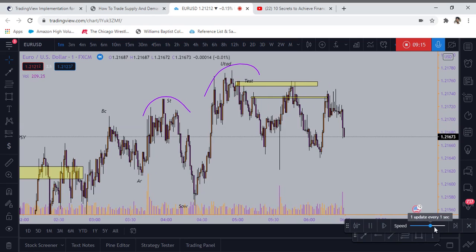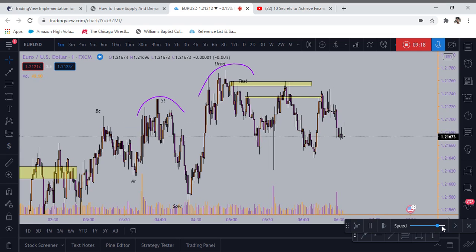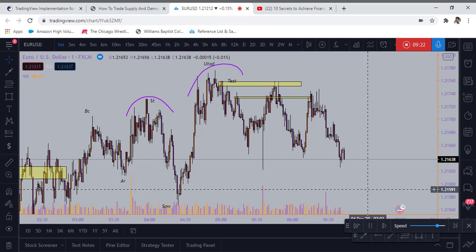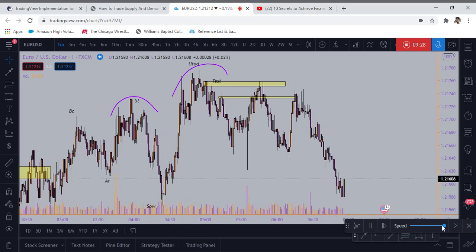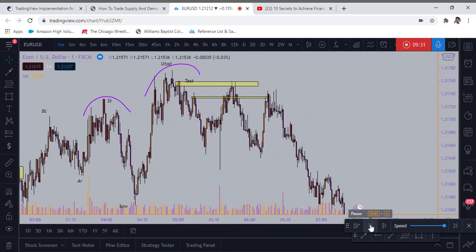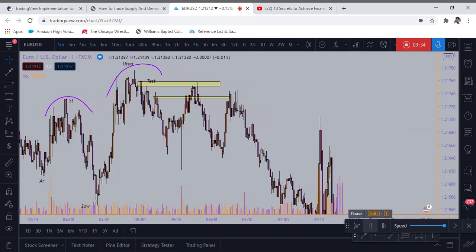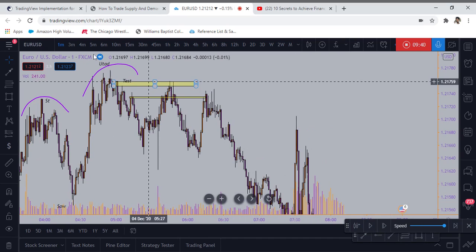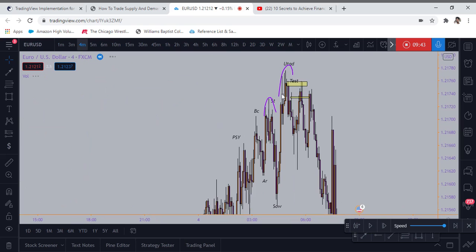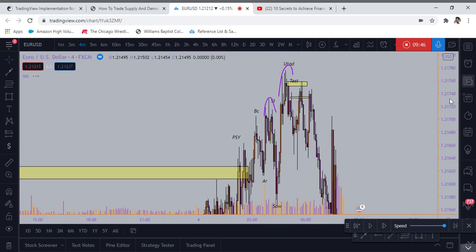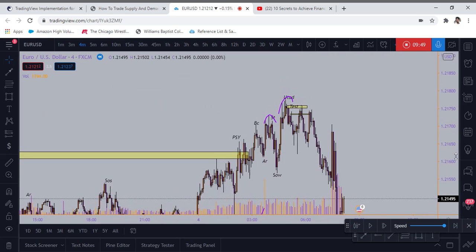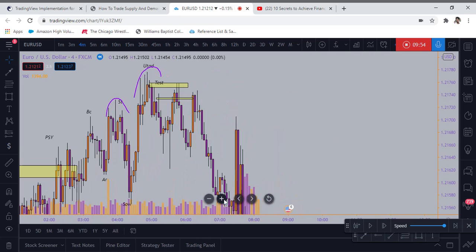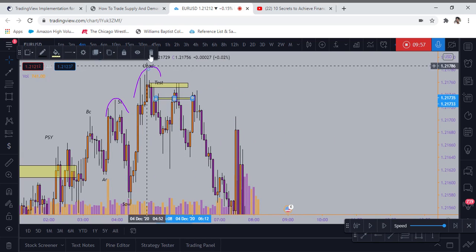Let me speed it up some. So boom, I'm going to go down to another time frame so we can see the rest of this play. Let me delete the first block.